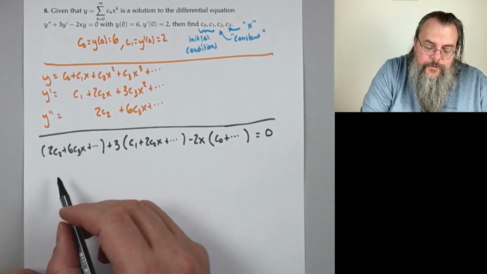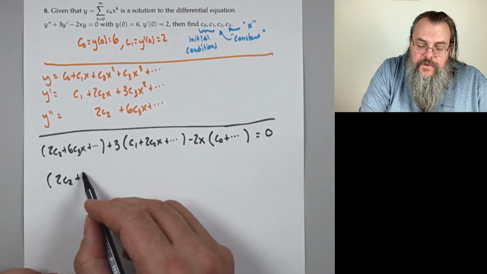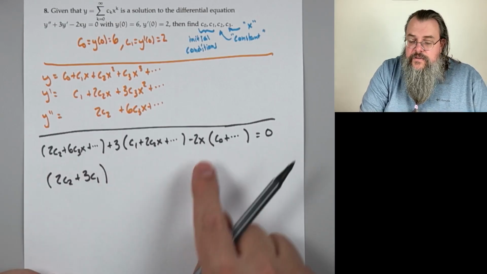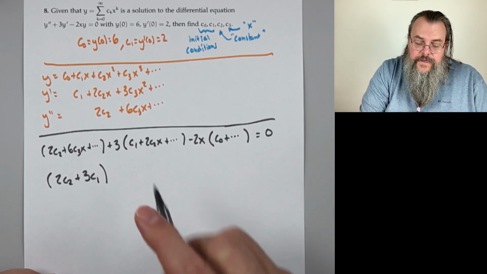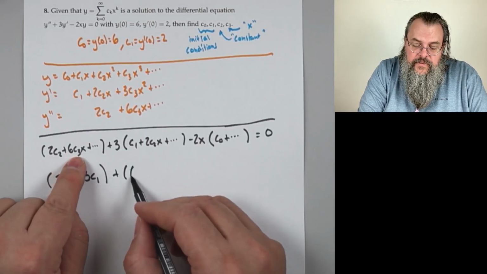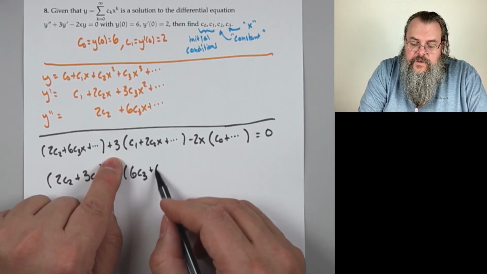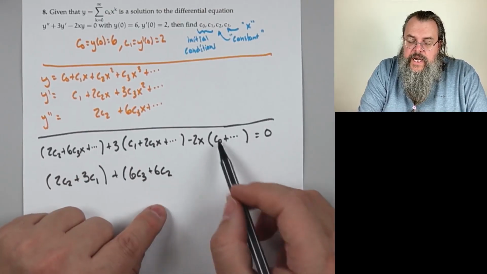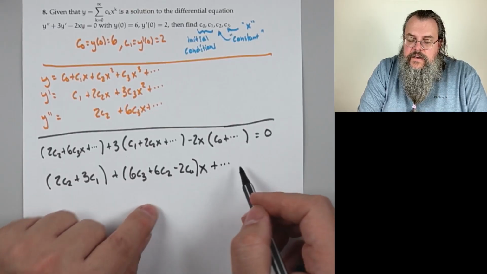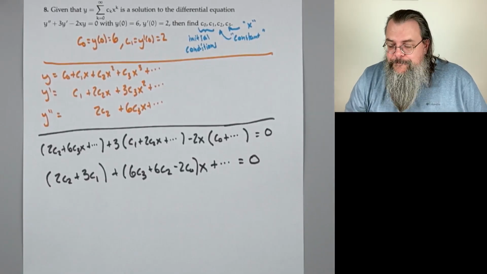Okay, so grouping our coefficients. 2c2, 3c1. Those are our constants. There's no constant term there. Plus, now coefficients of x: 6c3, 6c2, minus 2c0x. And other stuff I don't need to worry about.